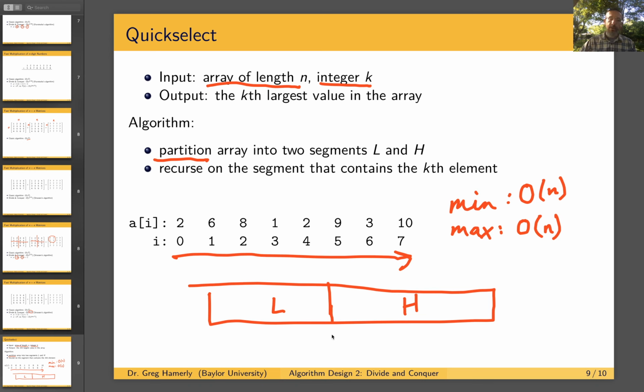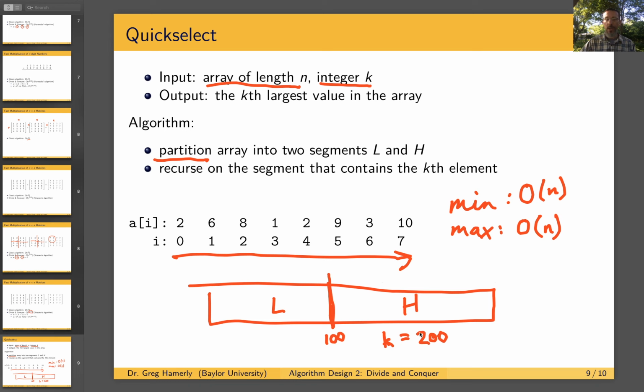But the thing is, let's suppose that the partition dividing line is at 100, and suppose that k equals 200. We know that based on partitioning, everything down here is less than or equal to everything up here. So after we've partitioned, if our partition is at 100, we know that the k value that we're seeking must be somewhere in this region.